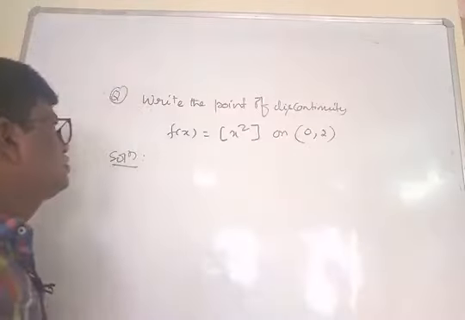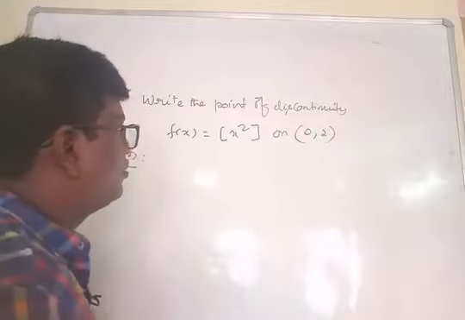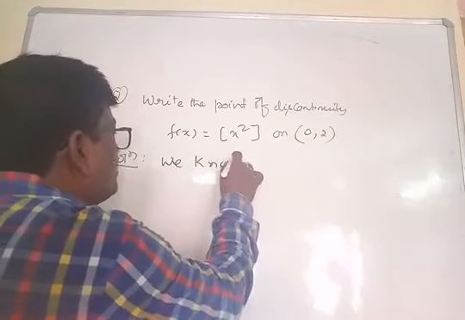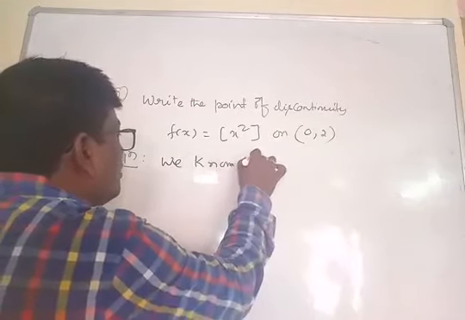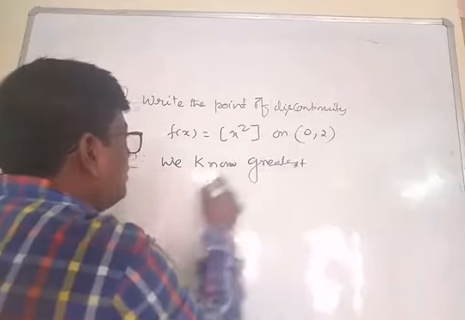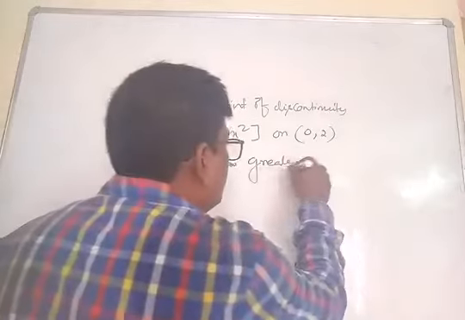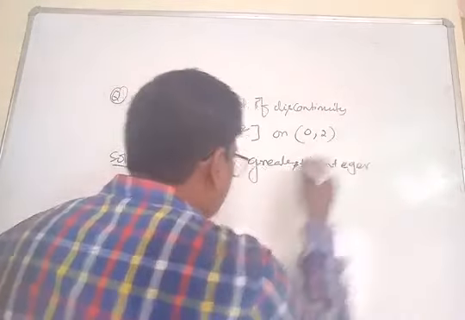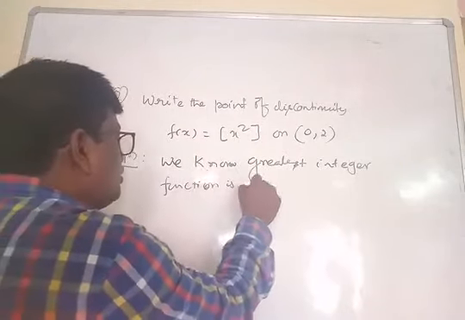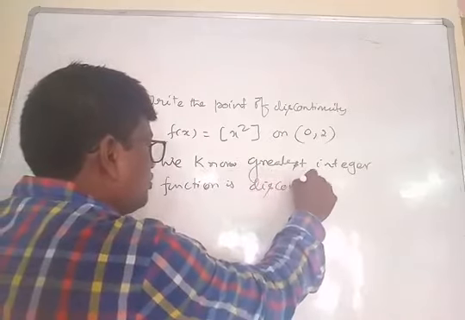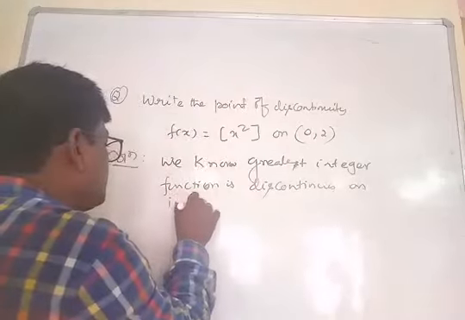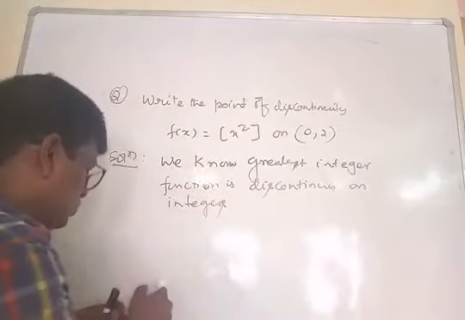Find the points of discontinuity of f of x equal to bracket x square on 0 to 2. We know the greatest integer function is discontinuous on integers.